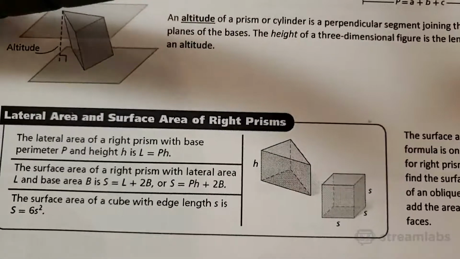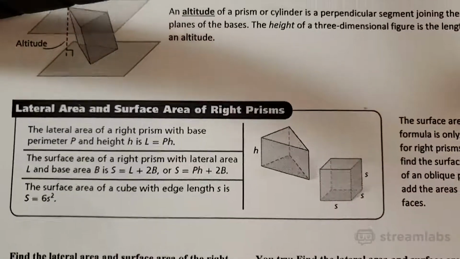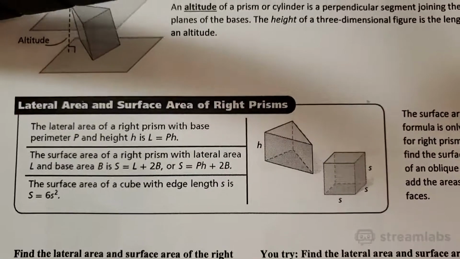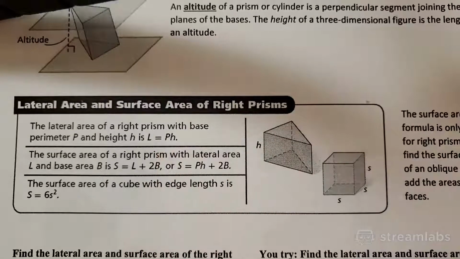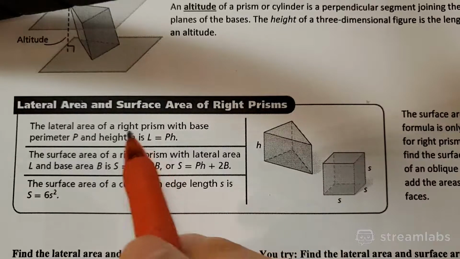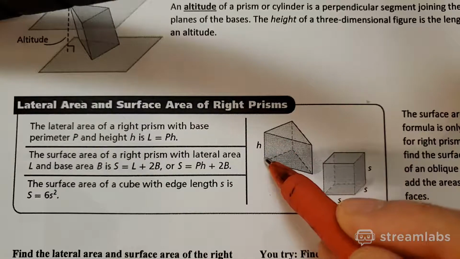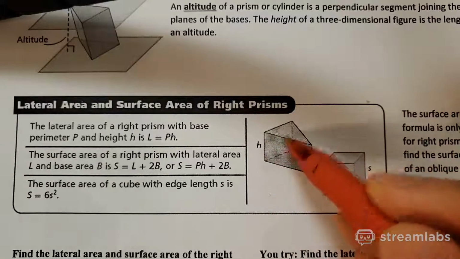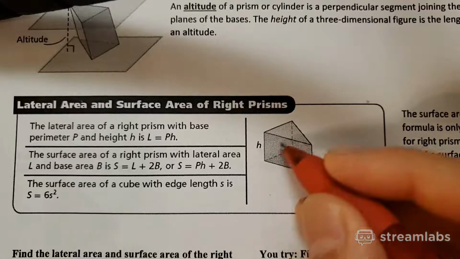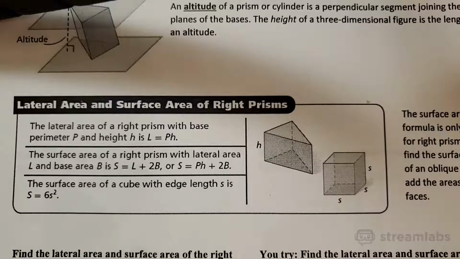If you're not comfortable with the formula, you really can just do every surface lateral area, and then add them all up. You can do that as well. They say lateral area is perimeter times height because it's literally every single rectangle added together. If you expand it, you'll get the perimeter times the height.